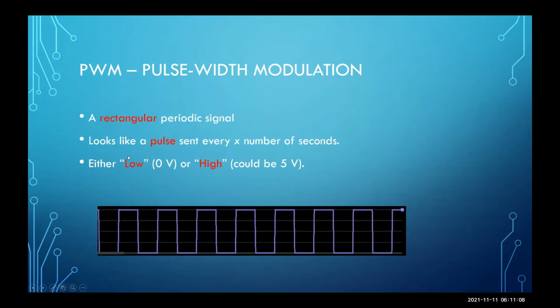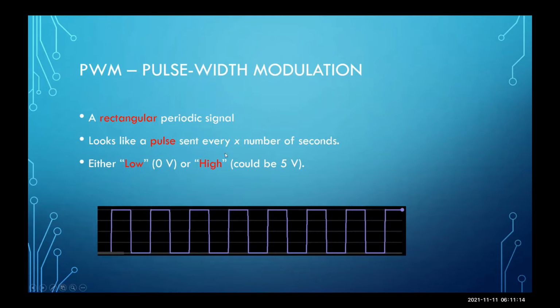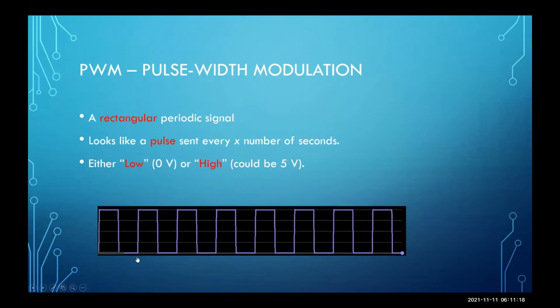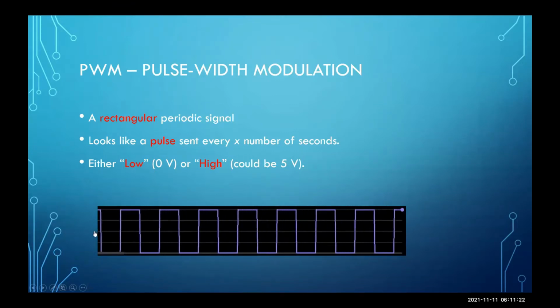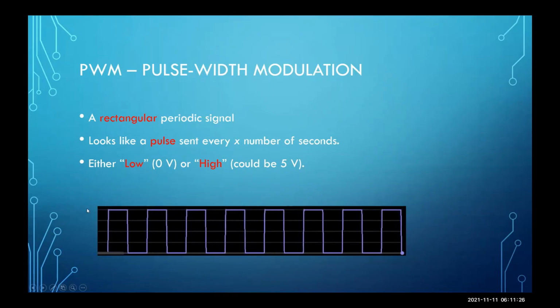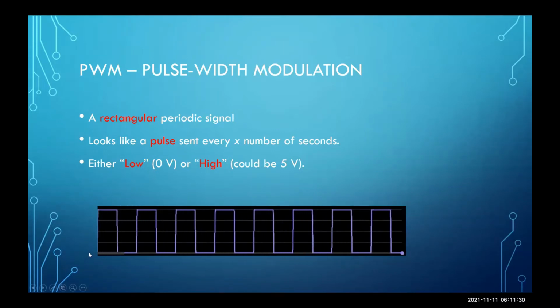If I go further here, it looks like a pulse that's sent every X number of seconds. You can also see the lower point here is 0 voltage. If this is on a graph, you can see 5 voltage up there. It could be 5 voltage or whatever voltage you're producing, and then that's going to be 0.